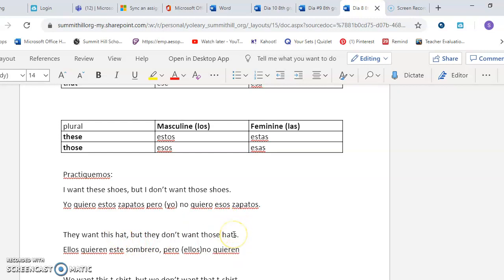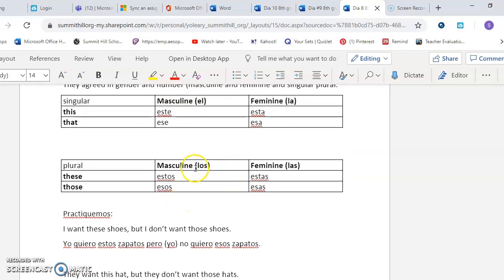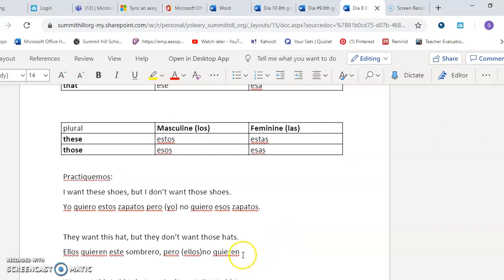In here we're going to use hats. So it will be sombreros, right? Pero ellos no quieren. And it says those sombreros. I'm going to say los sombreros. So it will be, pero ellos no quieren esos sombreros. Okay?